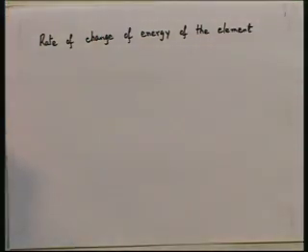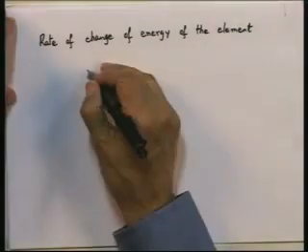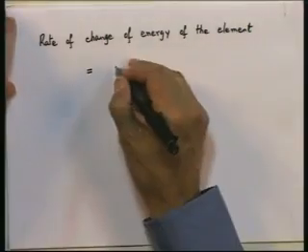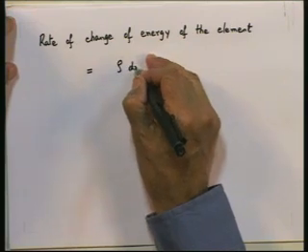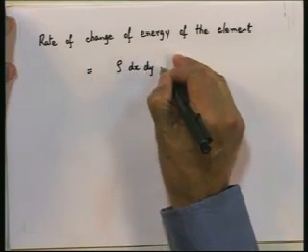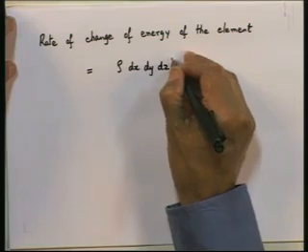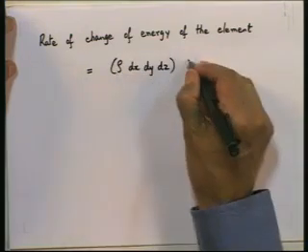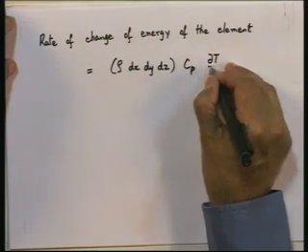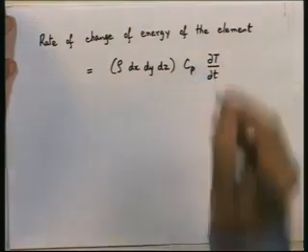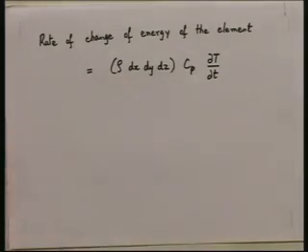This will be equal to the mass of the element, that is rho dx dy dz, into the specific heat of the material into the rate of change of temperature dt dt. That is the rate of change of energy of the element, and this we will call as 3.